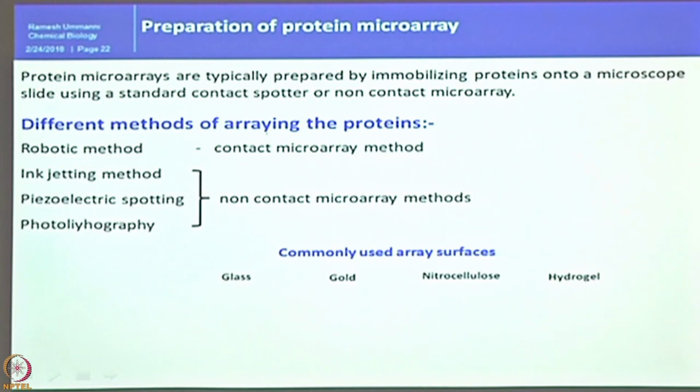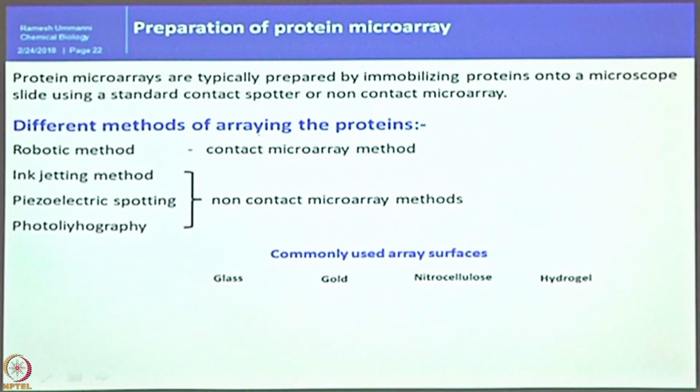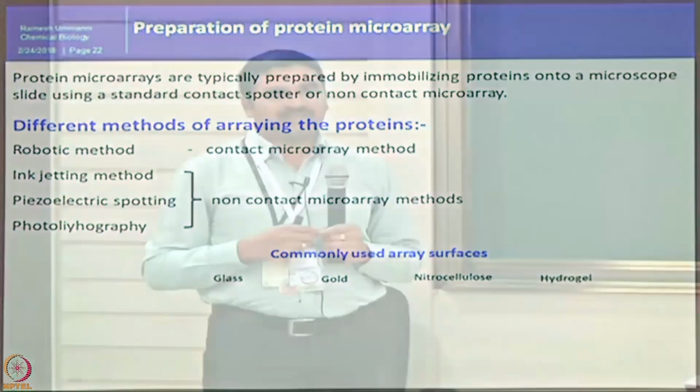One is a robotic method, which is a contact microarray method. Contact microarray method means the needle will go and touch the membrane and disperse the liquid on it. So the sample will not disperse into a big spot; a small area on the membrane will accommodate a larger quantity of sample.